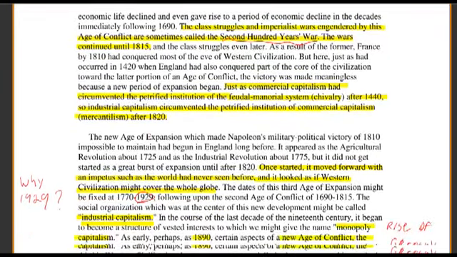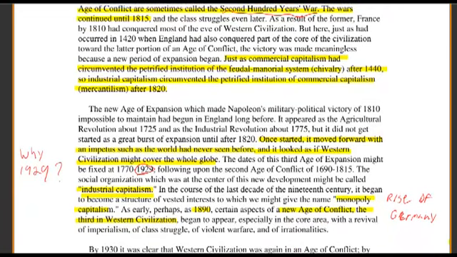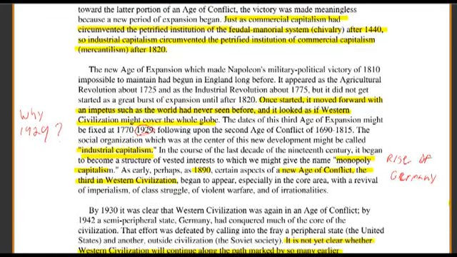But then, Western civilization found a new way to expand. The Industrial Revolution found a different way to organize, a different way to expand.